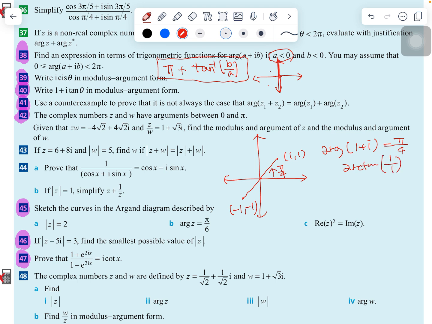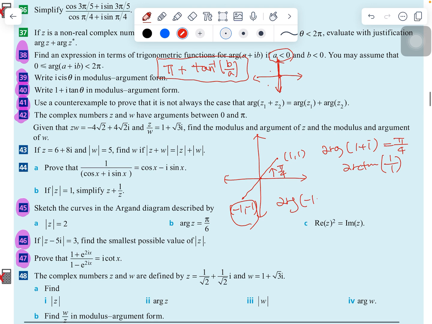For the argument of negative 1 minus i, arctan of negative 1 over negative 1 is 1, but this is not our argument because this gives you pi over 4 only. So as I suggested, we add pi here. So the real argument for this is 5 pi over 4.